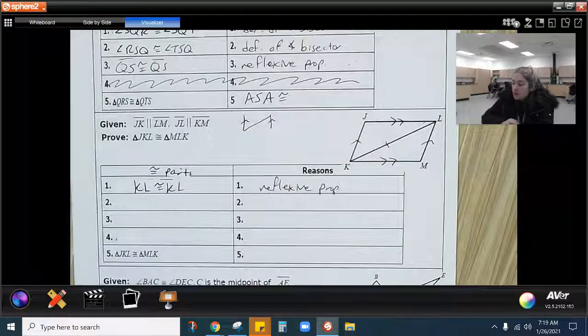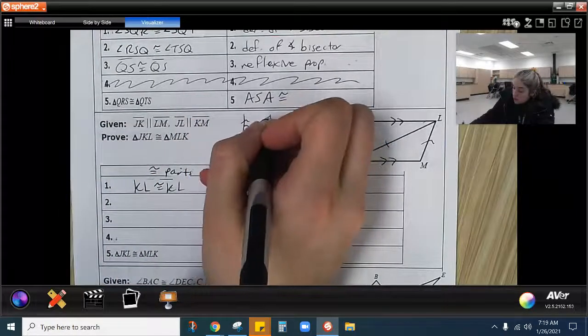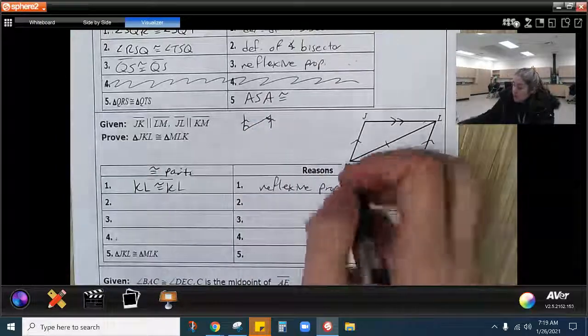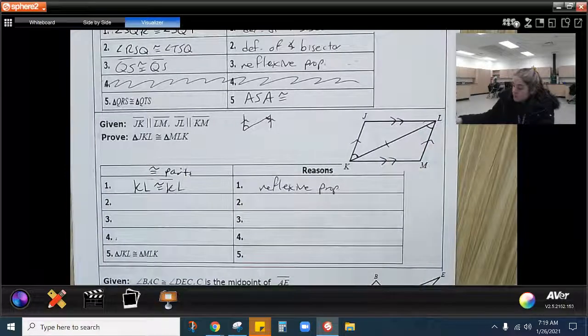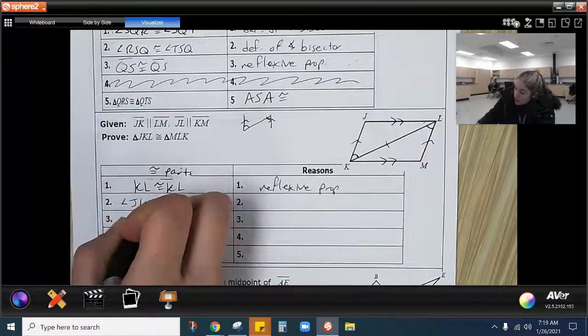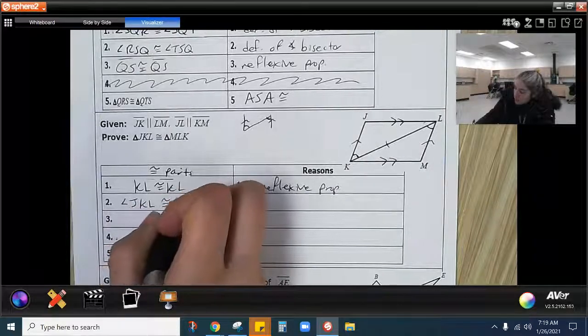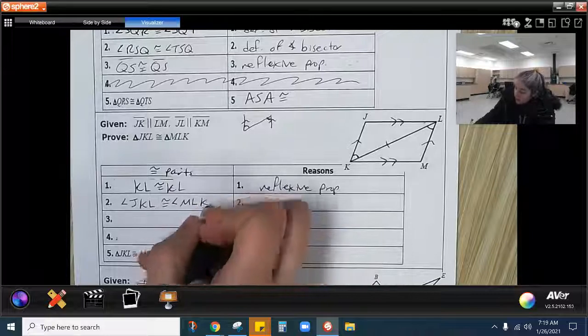And it's like this. If we have a transversal, we know some angles. What angles do we know? We know this angle and this angle, right? So that would be this one right here and this one. So if I name them, that would be angle JKL, and it's going to be congruent to angle MLK.